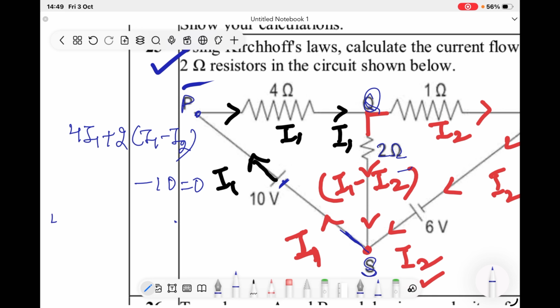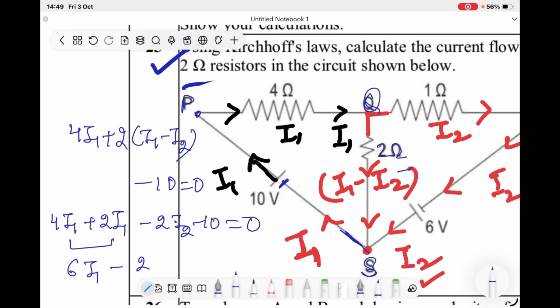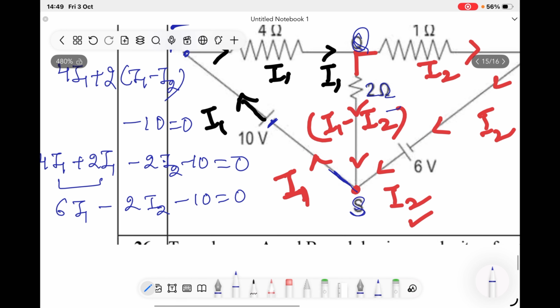You can open the bracket: 4I1 plus 2I1 minus 2I2 minus 10 equals 0. So I1 I can add. This is 6I1 minus 2I2 minus 10 equals 0. This is my first equation.